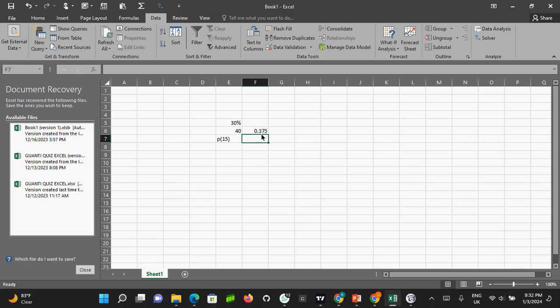So the P bar for this, the proportion here, will be 0.375, right? You go deep down and understand it better. The slide didn't really explain it well, but I'm breaking the proportion down here for you.